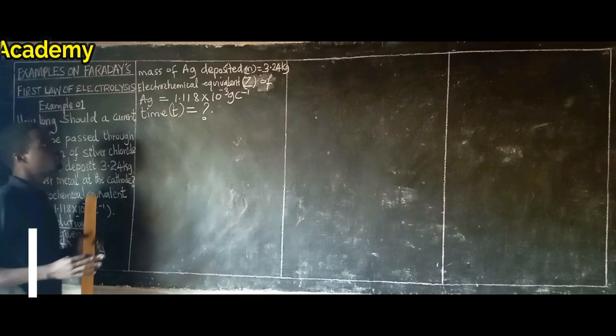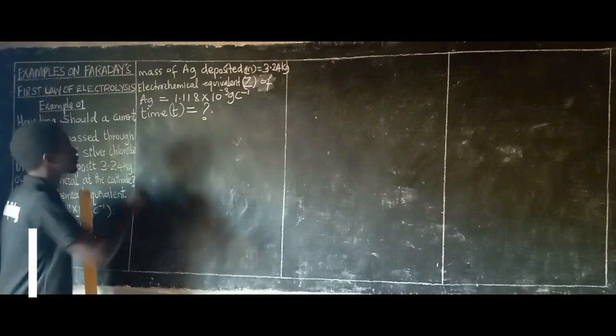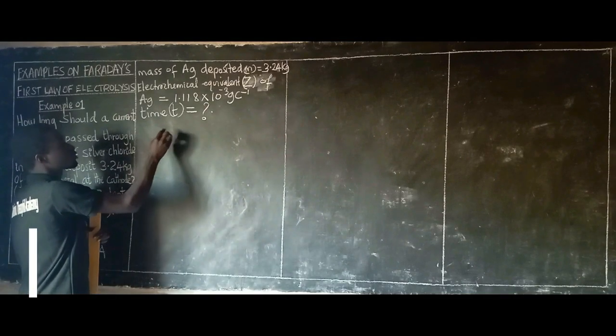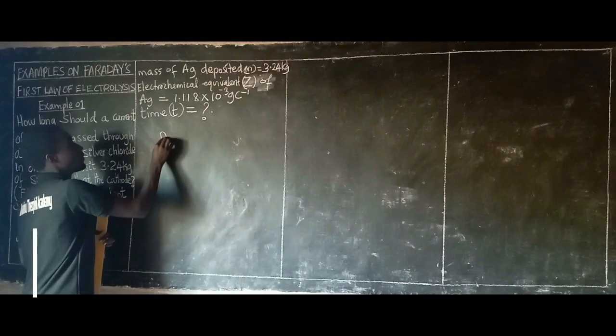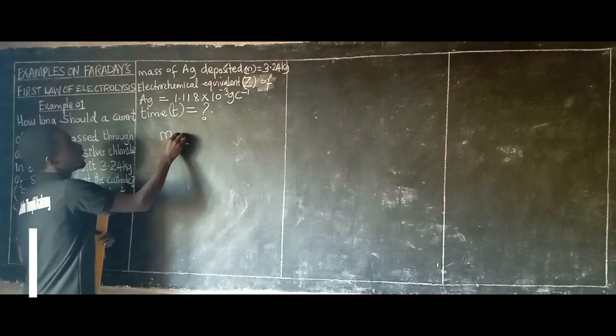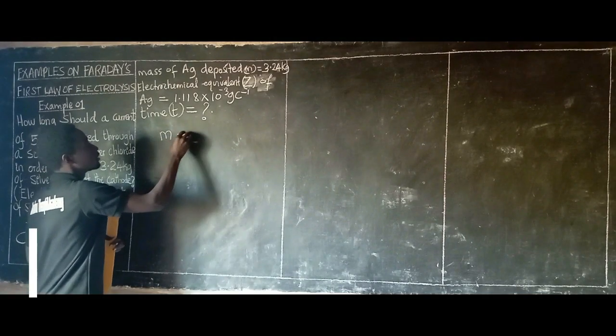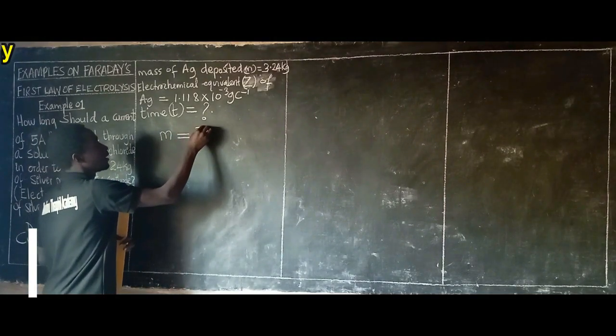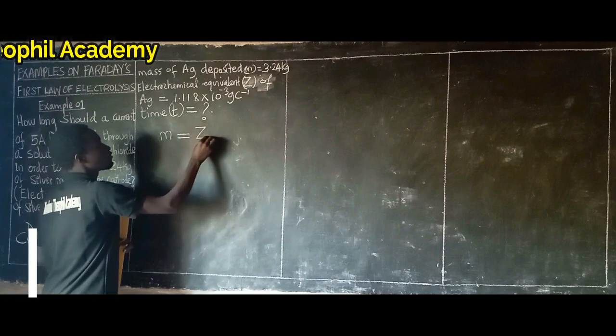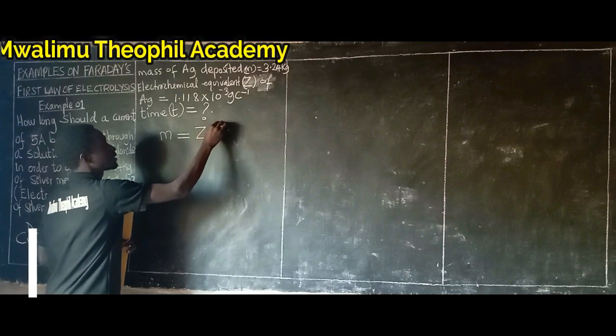Here, according to Faraday's first law of electrolysis, mass of silver deposited is equal to electrochemical equivalent times current times time.